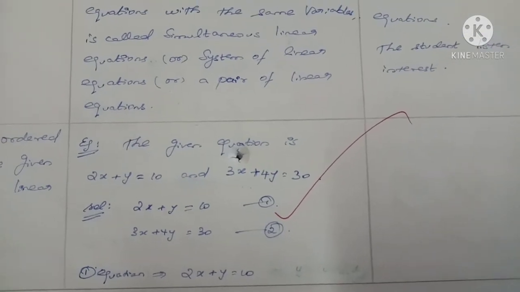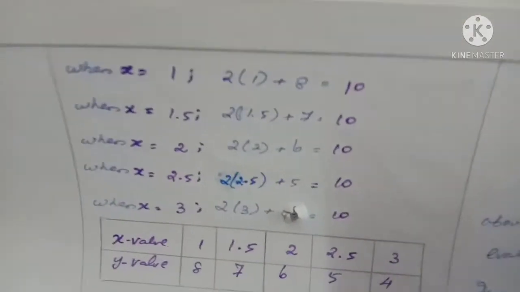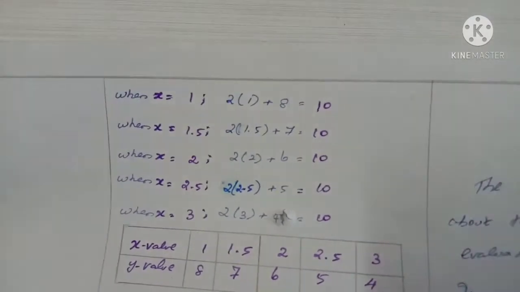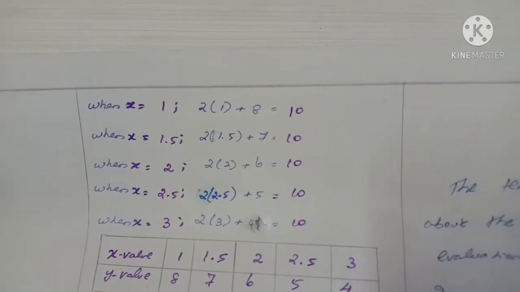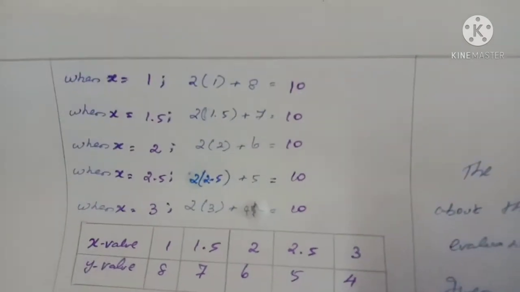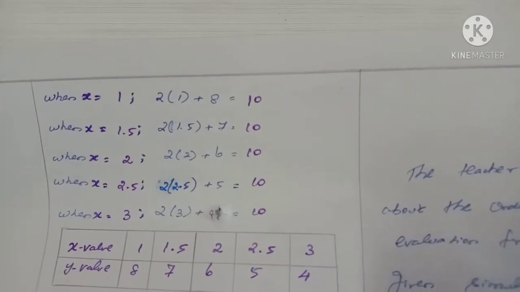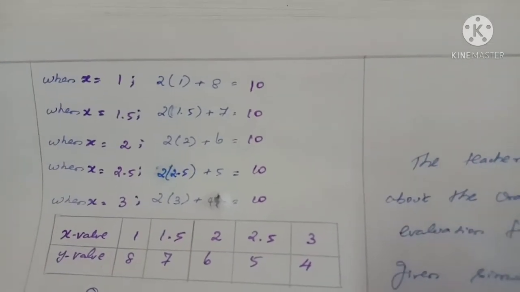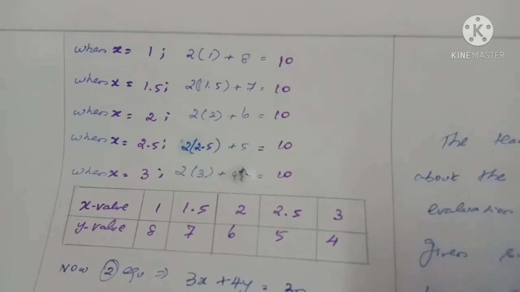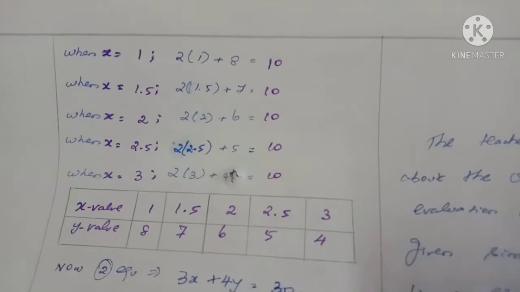Therefore, the first equation, 2x plus y equal to 10. When x equal to 1, 2 times 1 plus 8 equal to 10. When x equal to 1.5, 2 times 1.5 plus 7 equal to 10. When x equal to 2, 2 times 2 plus 6 equal to 10.